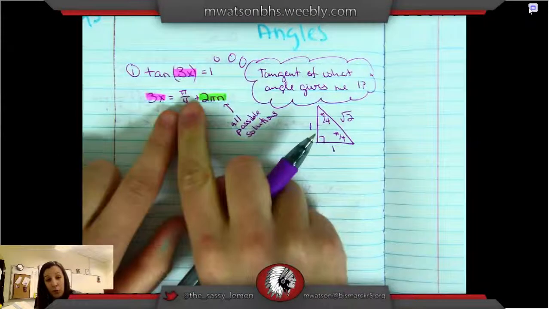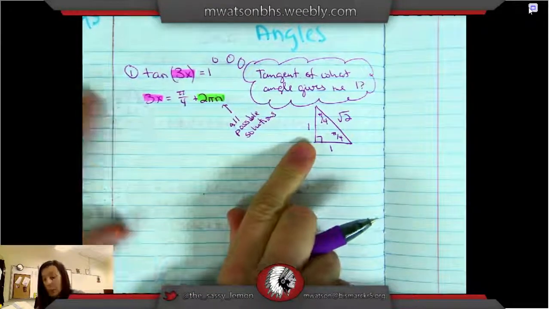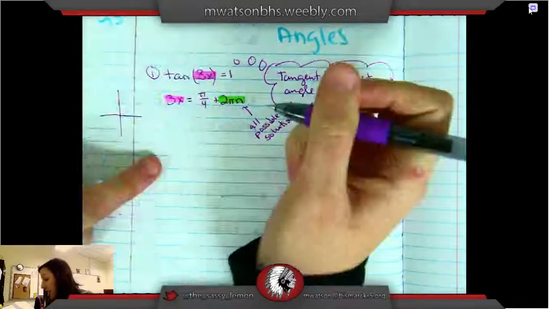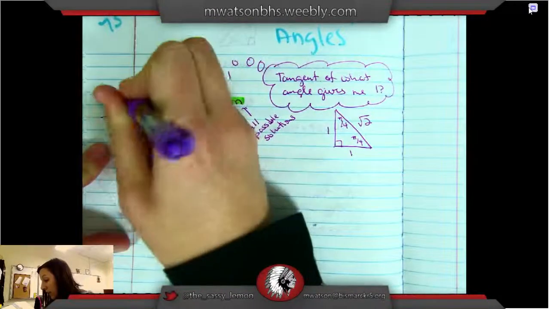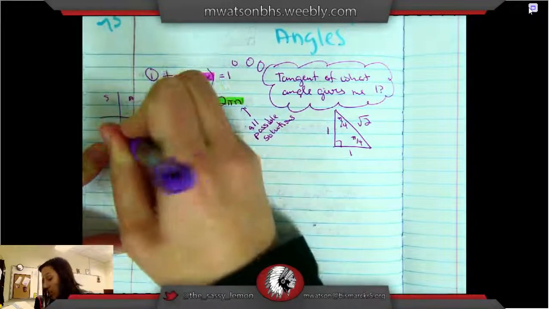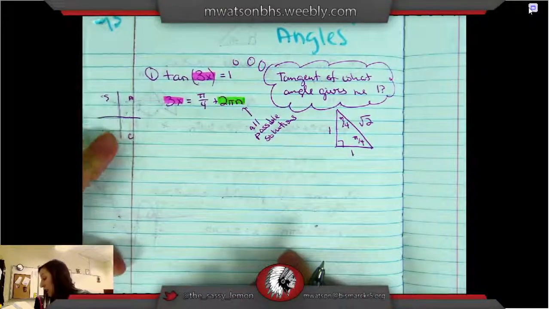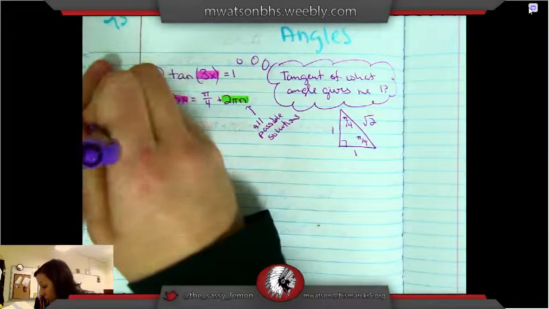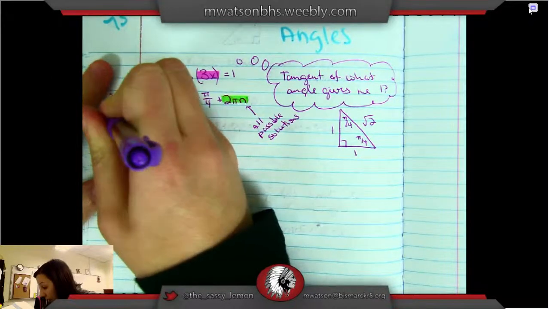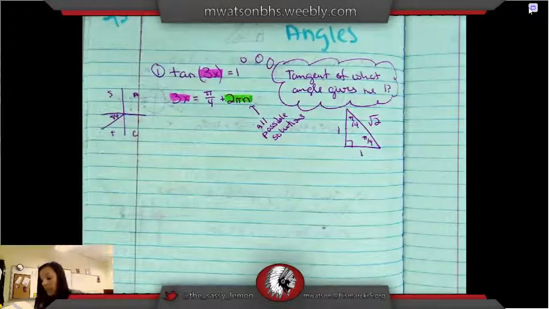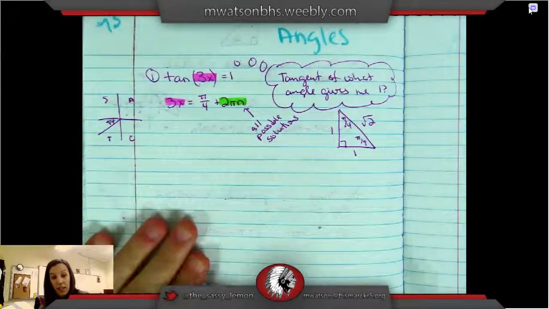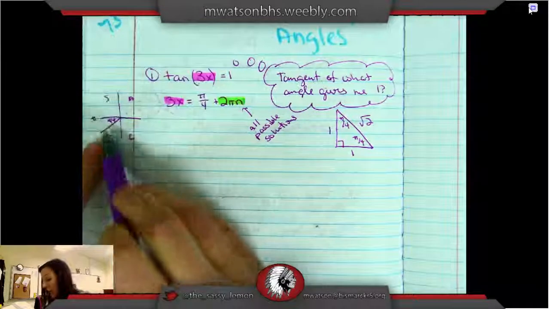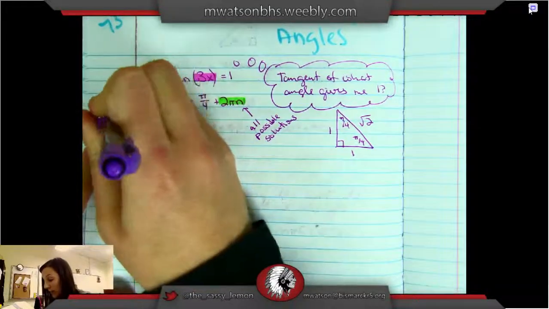Remember, pi over 4 is the one for the first quadrant, but we also have to think where else is tangent positive. Well, tangent's positive in the third quadrant. All students take calculus. So it's also positive here. So we have to find that angle whose reference angle is pi over 4 in the third quadrant. And so we have to do a little math here. We've got to add pi plus pi over 4 to get that full angle.